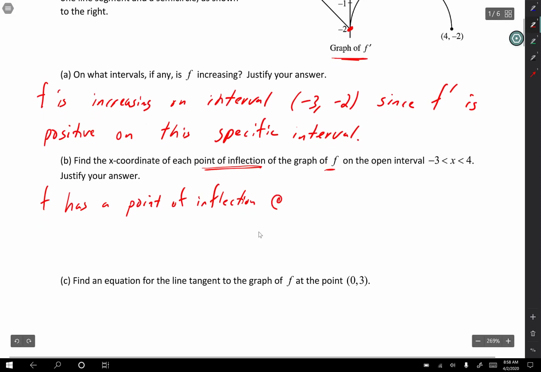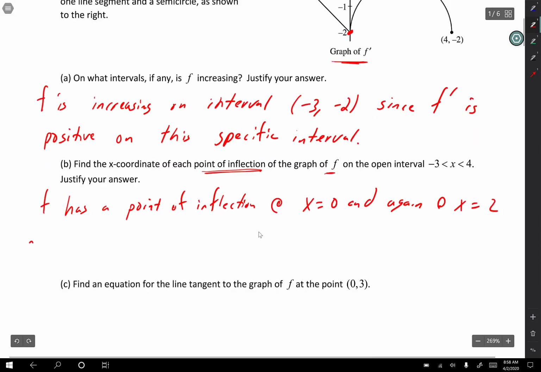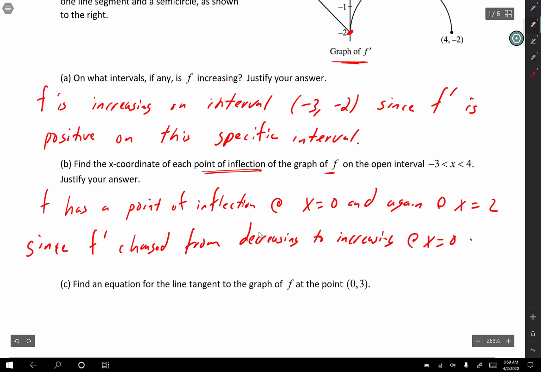F has a point of inflection at x equals 0, and again at x equals 2, since f prime changed from decreasing to increasing at x equals 0, and f prime changed from increasing to decreasing at x equals 2.